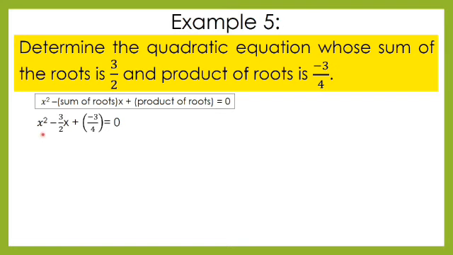We now have x squared minus sum of roots is 3 over 2, x plus product of roots is negative 3 over 4 equals 0. We simplify: x squared minus 3 over 2x, positive times negative 3/4 is negative 3 over 4 equals 0.